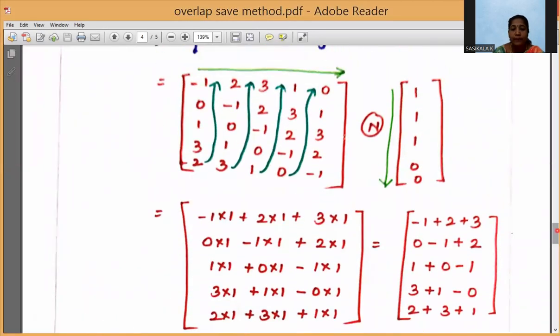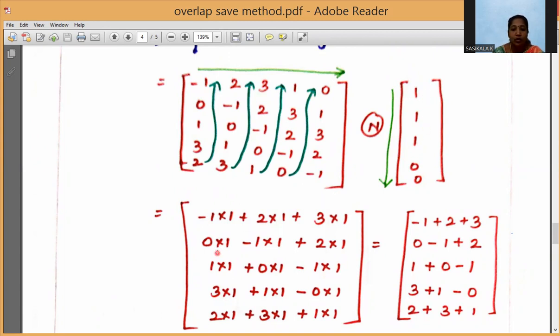Now, this is row by column. So, row by column means minus 1 into 1, plus 2 into 1, plus 3 into 1. I have not taken the other two multiplications because anything into 0 is 0. So I have multiplied the first 3 elements with these 3 elements.